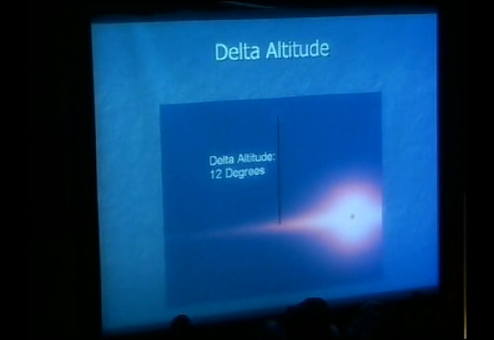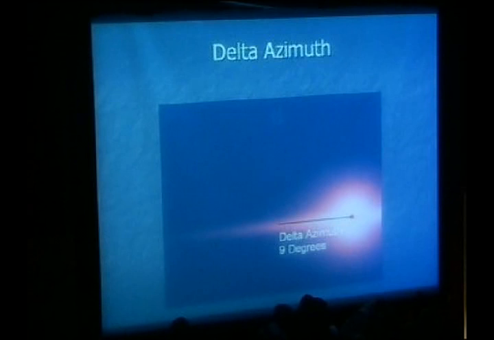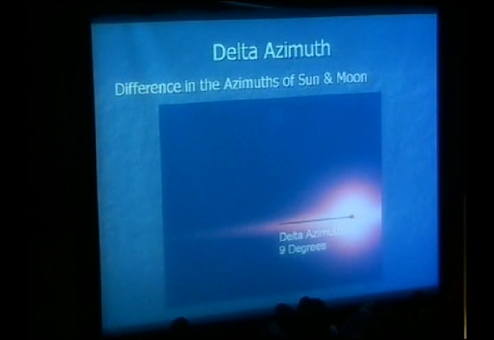For the same situation, the same observation, I didn't change the circumstances. You see the delta altitude means the difference in the altitudes of sun and moon, which is 12 degrees. And here we have the difference in the azimuth of sun and the moon, which is 9 degrees.